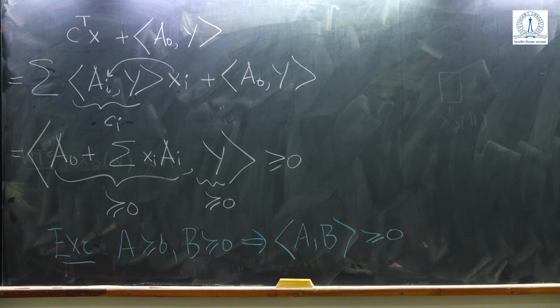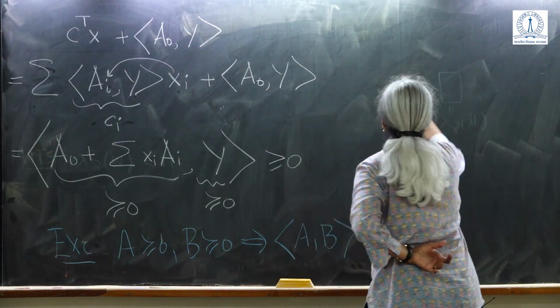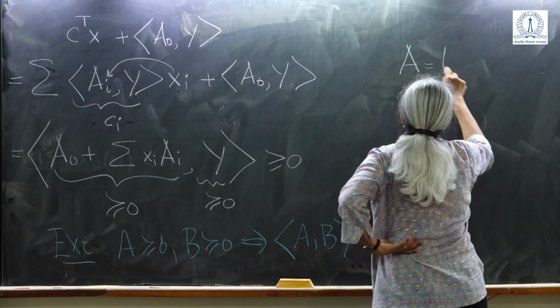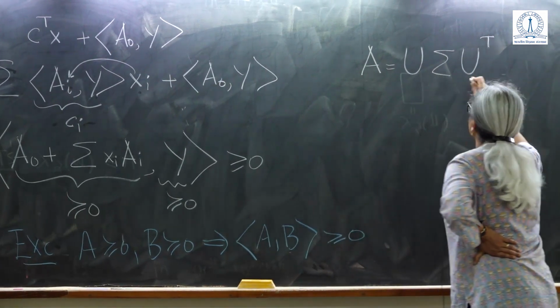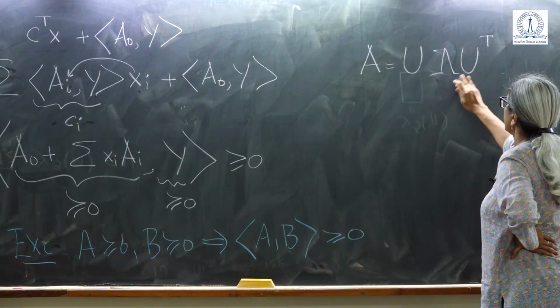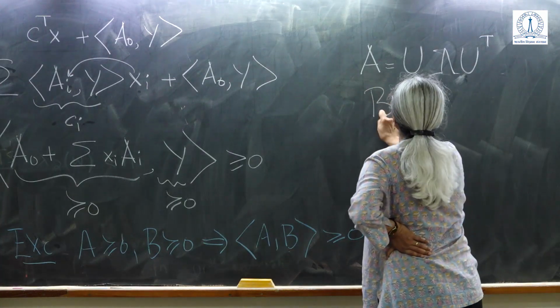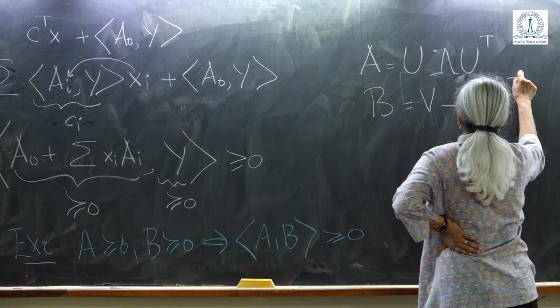Okay, you want to make the spectral decomposition of A. Let's just do the general one. A is PSD, so it can be written as U lambda U transpose, and B can also be written as V lambda prime V transpose.